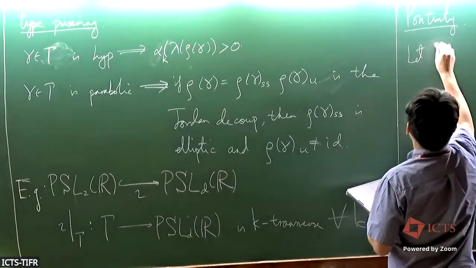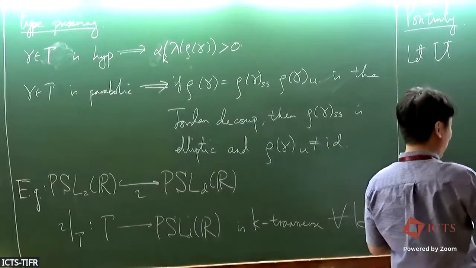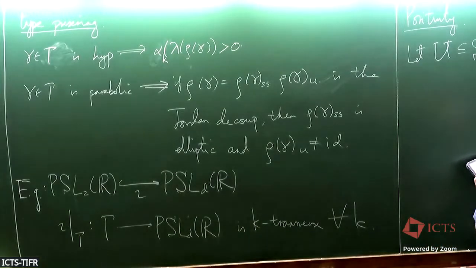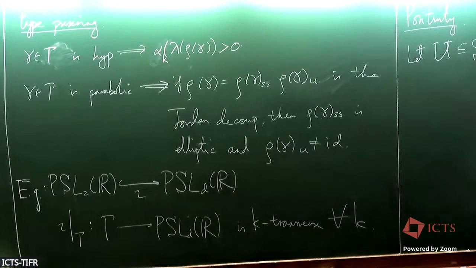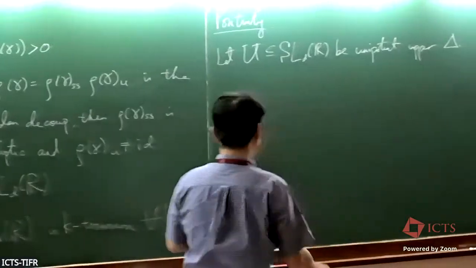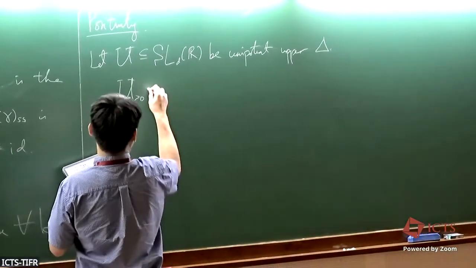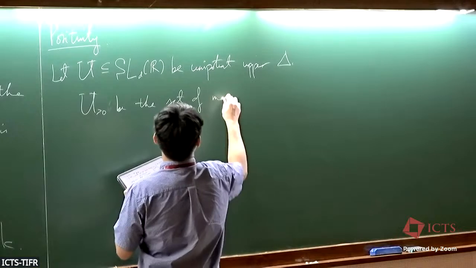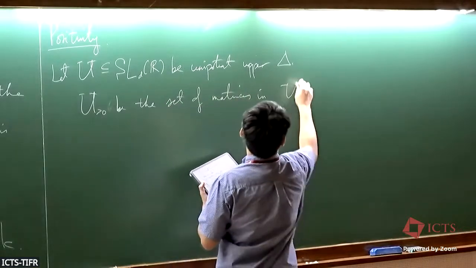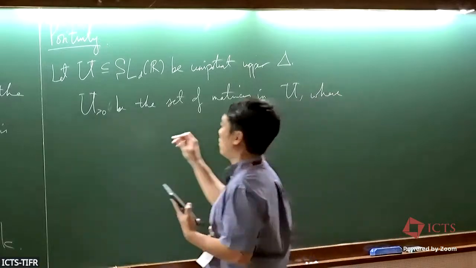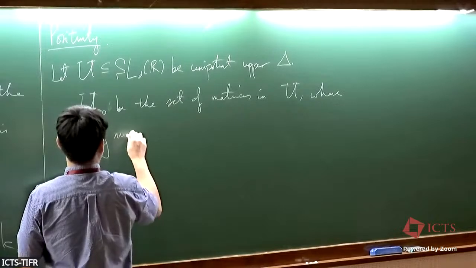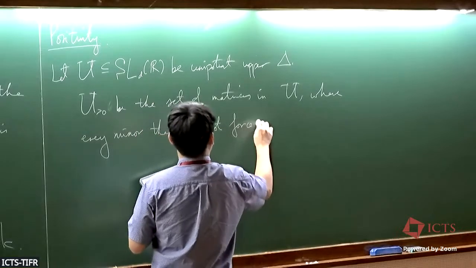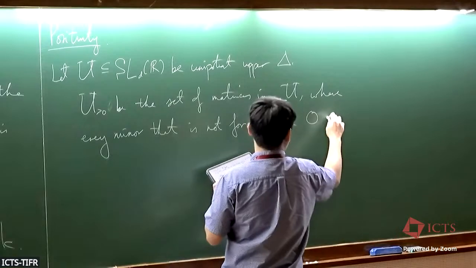I'm going to let U be the set of unipotent upper triangular matrices in SLdR, and then I'm going to let U greater than 0 be the set of matrices in U where every minor that is not forced to be 0 is positive.